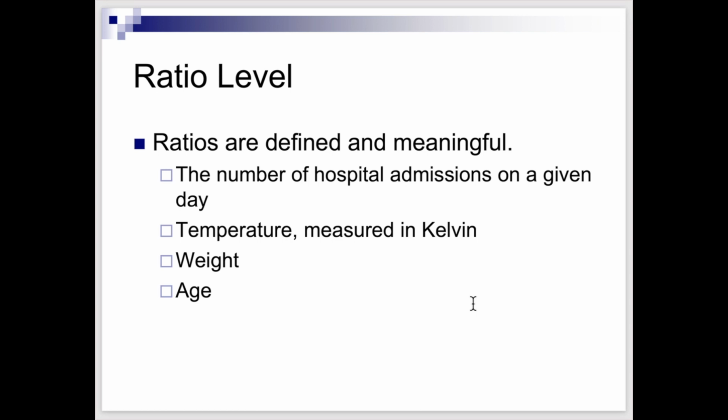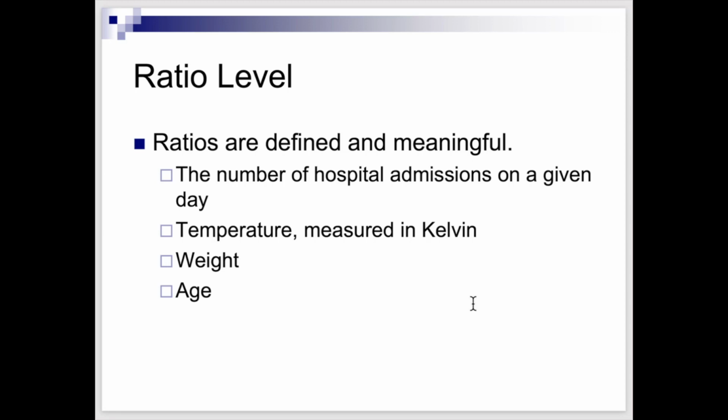But also the ratio is defined and meaningful in this case as well. So 400 Kelvin divided by 100 Kelvin is 4. And because 0 Kelvin does in fact represent the complete absence of heat energy, that ratio of 4 tells us that there is 4 times as much heat energy in 400 Kelvin as there is in 100 Kelvin.